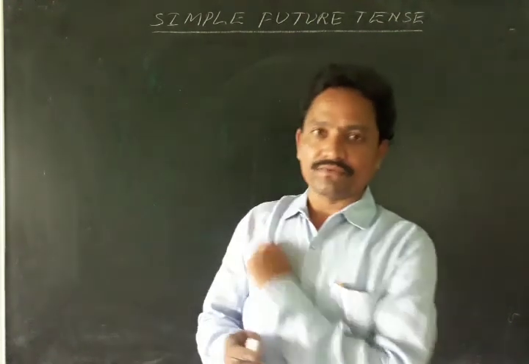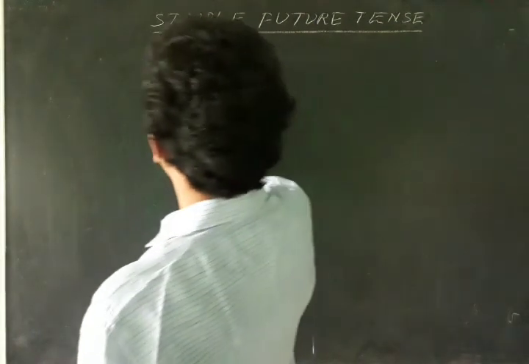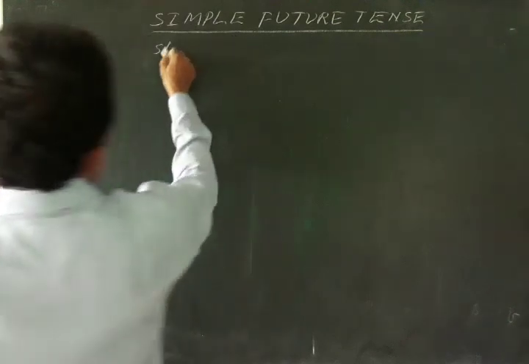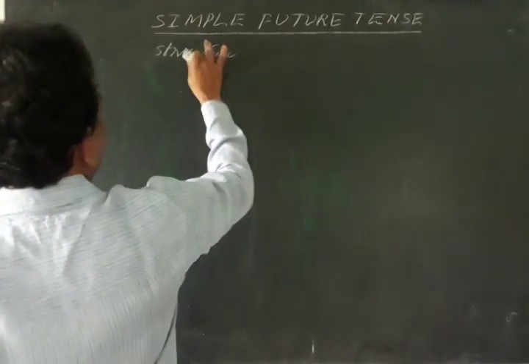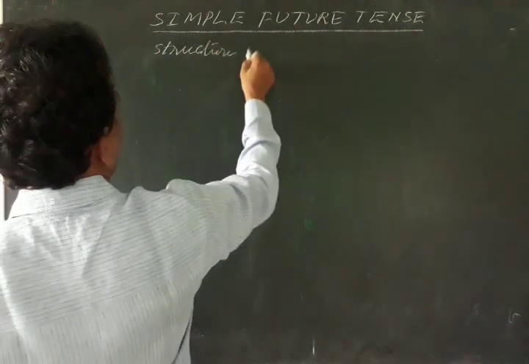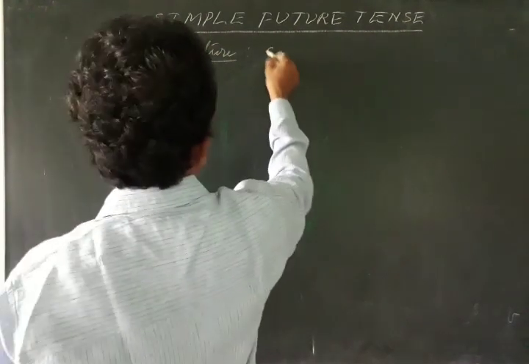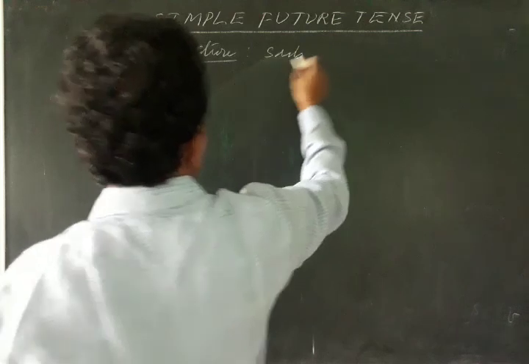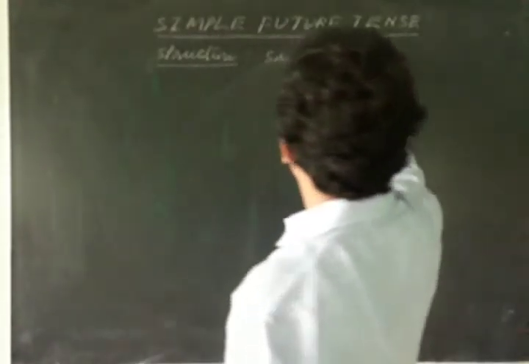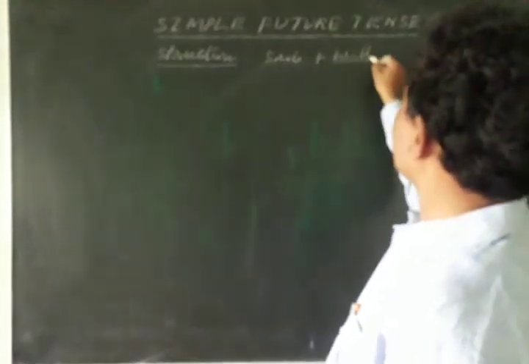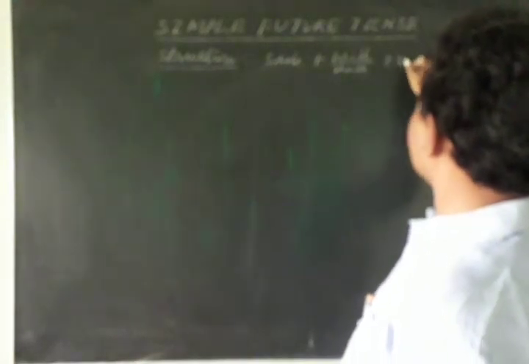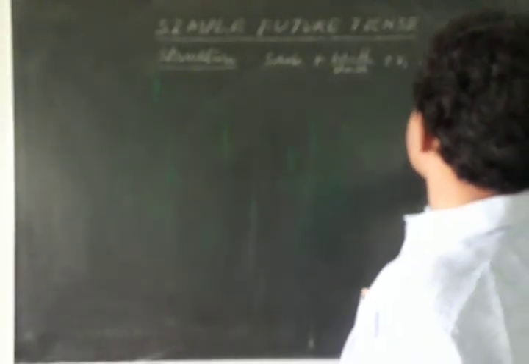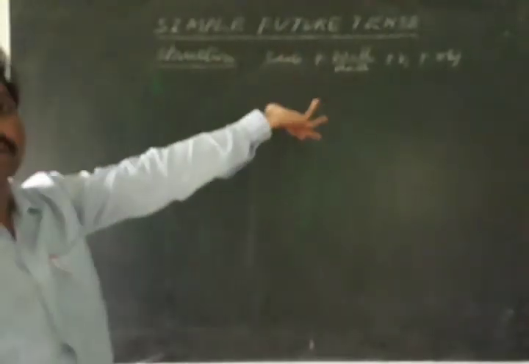Now this is the structure of simple future tense: subject, will or shall, plus V1, plus object. Here will or shall, whatever it is, both are right.